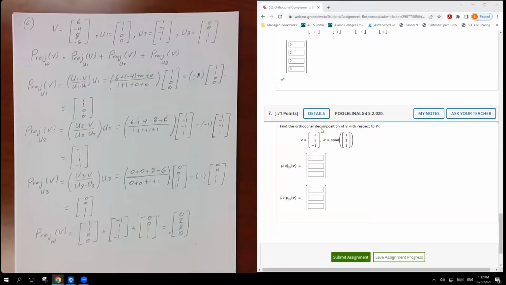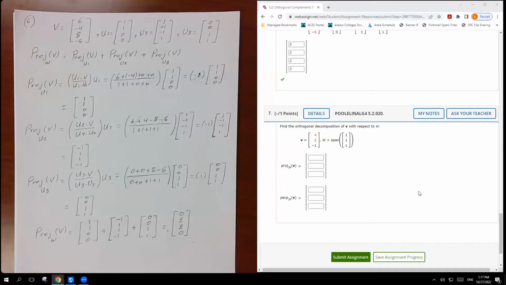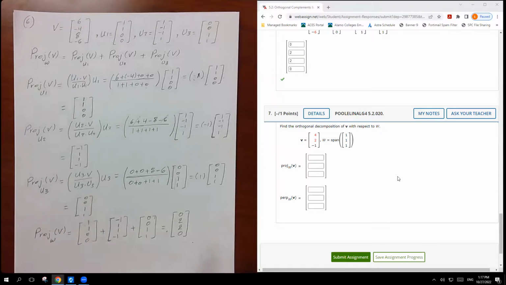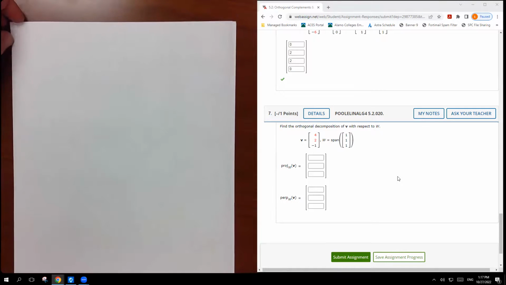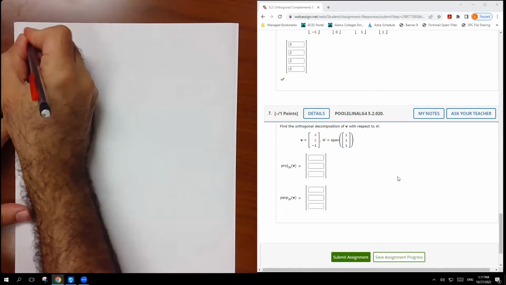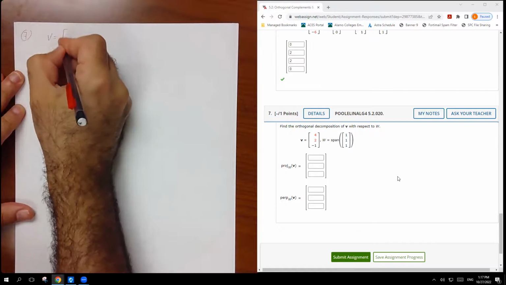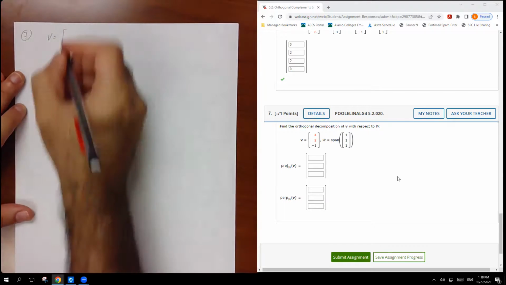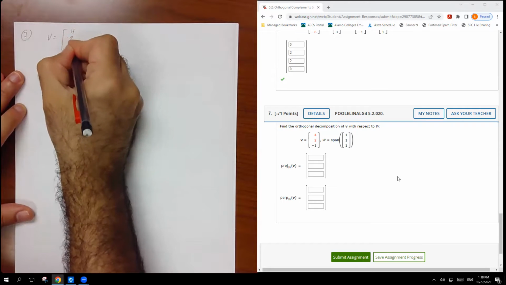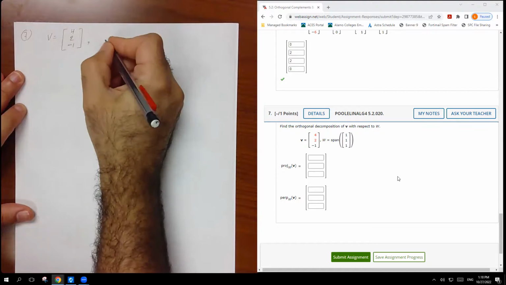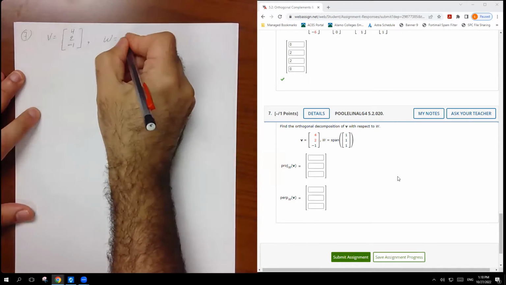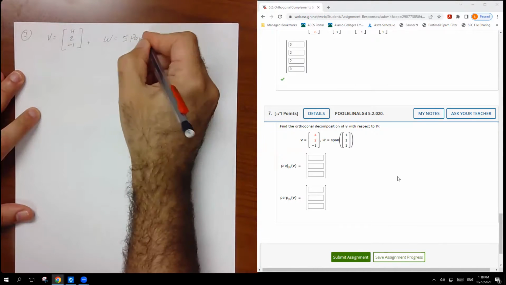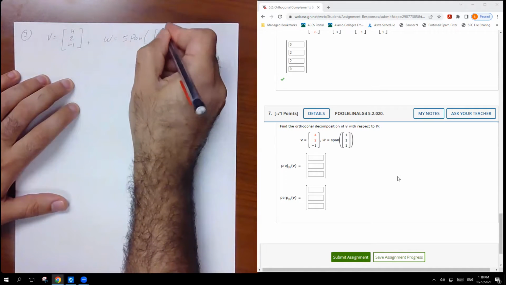Example 7, find the orthogonal decomposition of V with respect to W. So we already have V equal to 4, 2, -1, and W equal to the span of the vector 1, 1, 1.